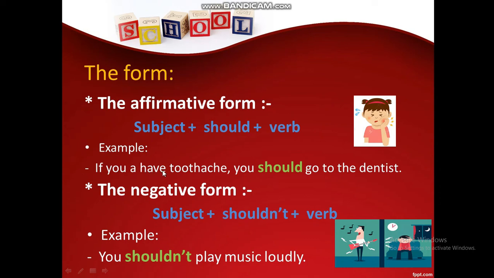If you have a toothache, you, the one who does the action, should go. Go is our verb. So subject, should, verb. You should go, you should play, you should travel, you should see. You, he, she, any subject plus should plus the verb.